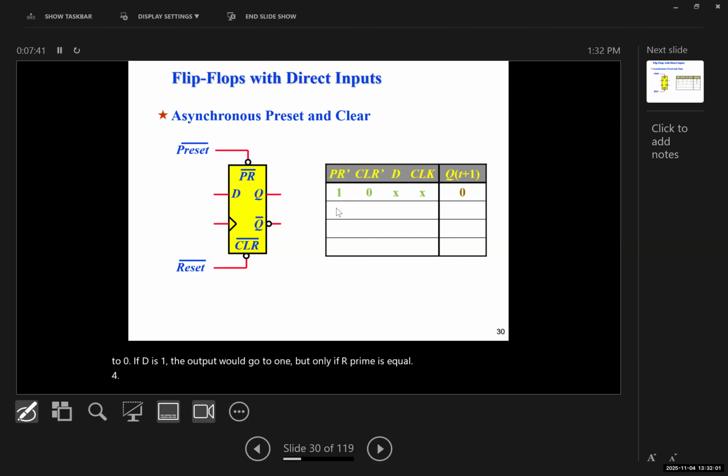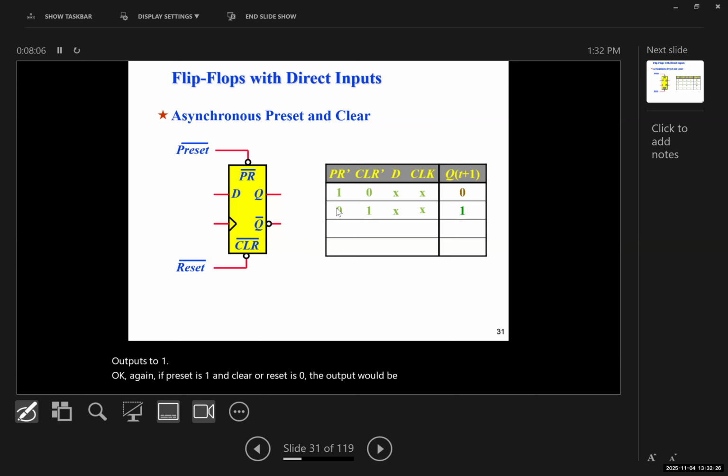Now, sometimes in some flip-flops, we also have a preset button as well. And the preset, what it does is the opposite of reset. It sets all the outputs to 1, okay? Again, if preset is 1 and clear or reset is 0, the output would be 0.